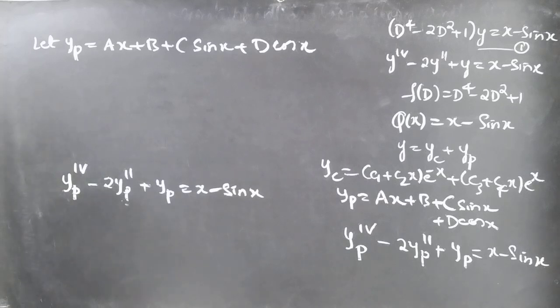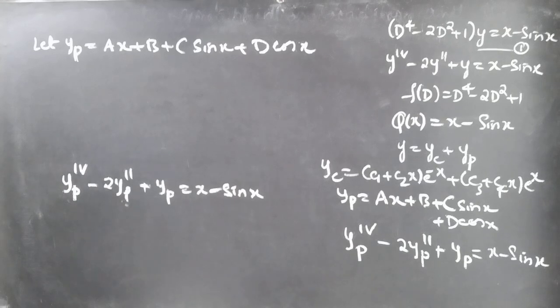Now let's find yp dash, yp double dash, yp triple dash and yp power 4.